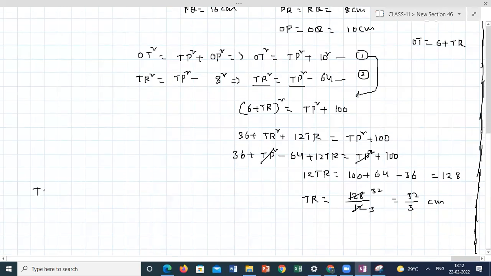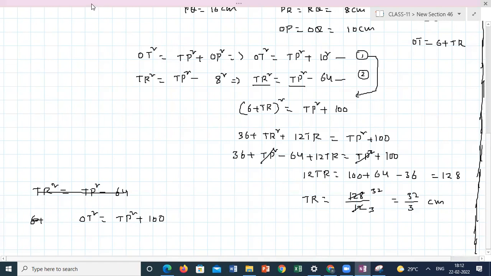We know from the second equation, TR square is equal to TP square minus 64. Sorry, OT square, this is not this one. We know OT square is equal to TP square plus 100. OT is nothing but 6 plus TR, that is 6 plus 32 by... oh, I got TR square.